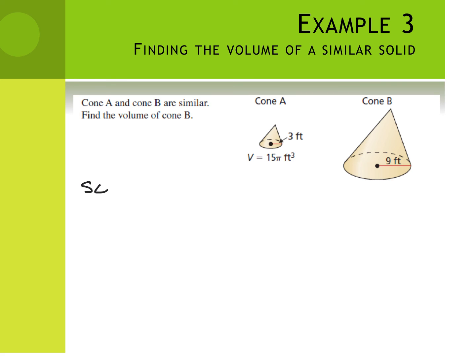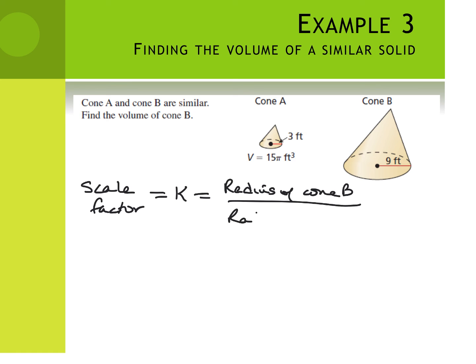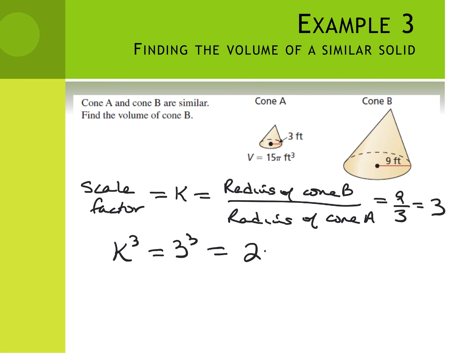So for the scale factor, we'll call it K. I'm going to set mine up as the radius of cone B over the radius of cone A. 9/3 simplifies to 3. So if we cube that, K cubed is 27.